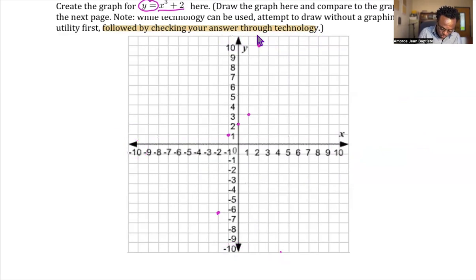Okay, so just connect the dots as we see it through the calculator.